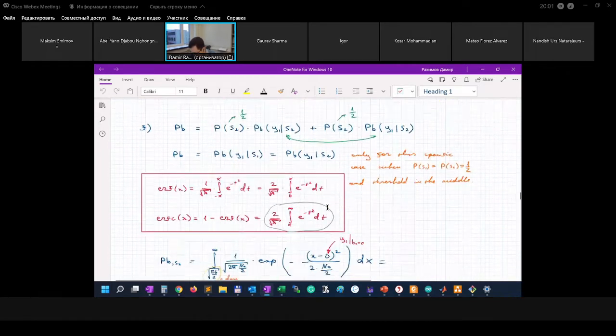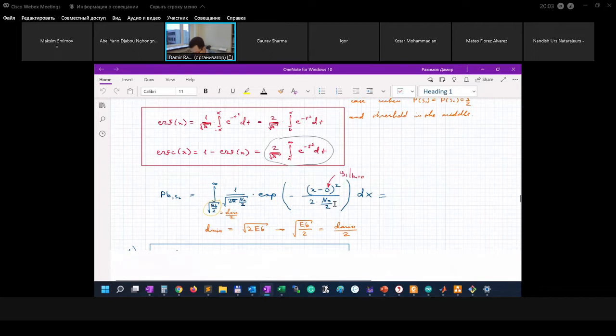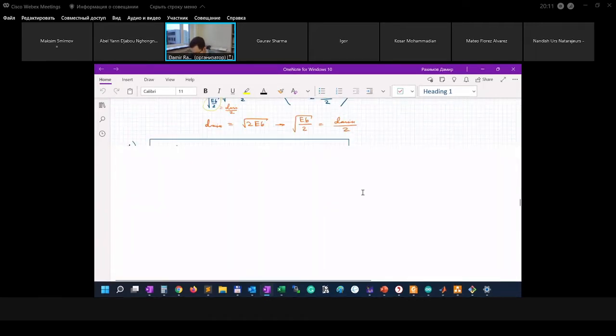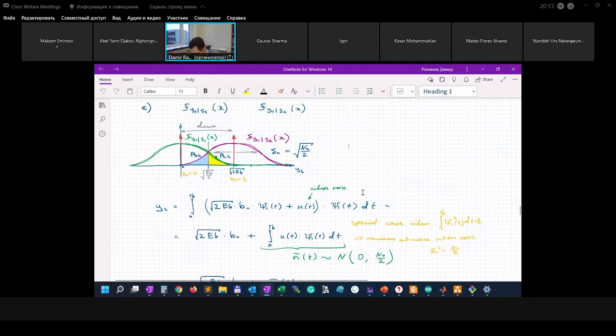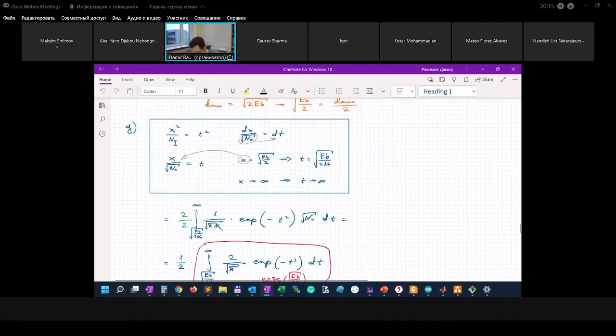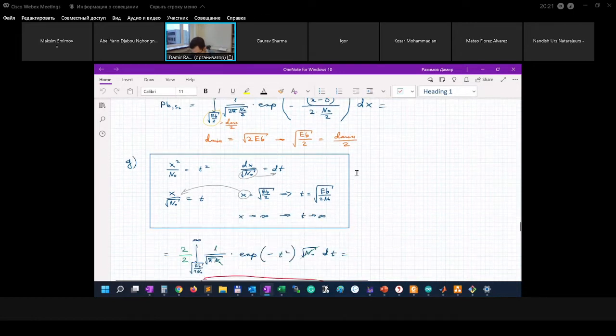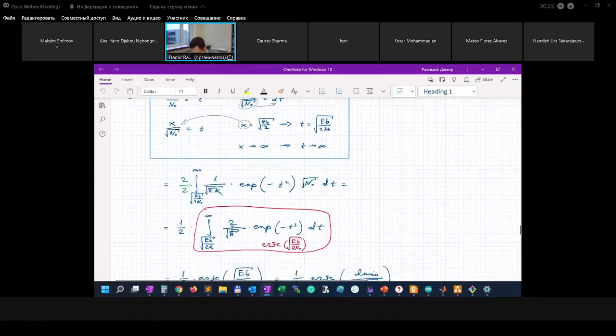And based on this, we can write the expression for probability of error. There we use information about variance as well. By substituting quantity x squared over N0 as t squared, we can rewrite this integral in the form that will correspond to complementary error function.